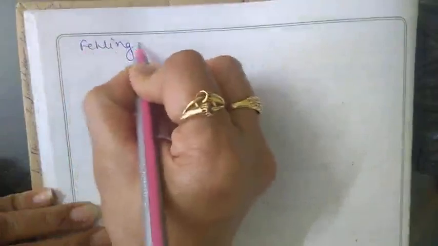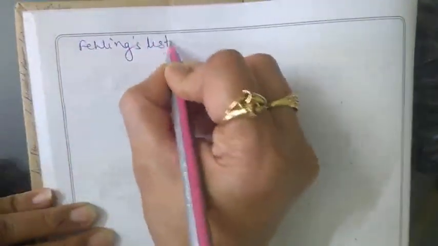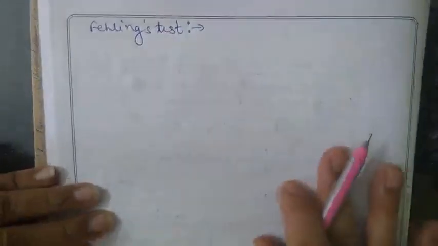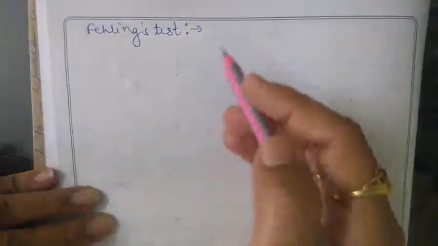Now the next test is called the Fehling test. A Fehling reagent comprises two solutions.